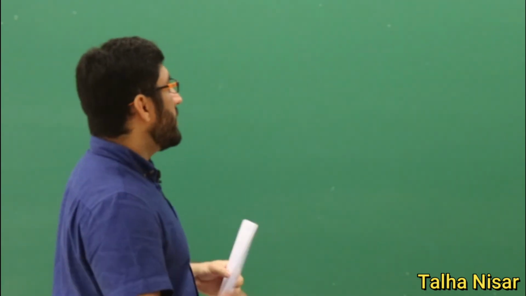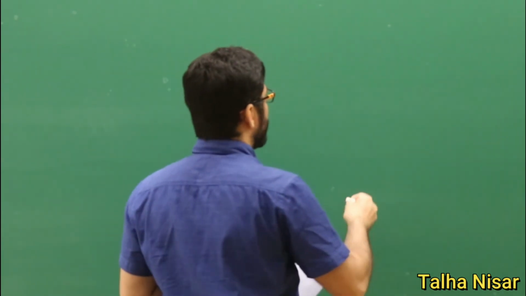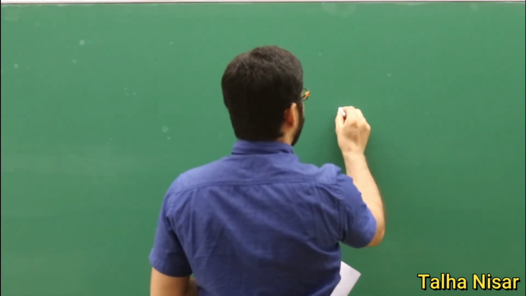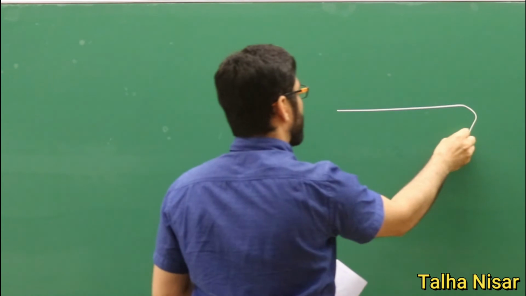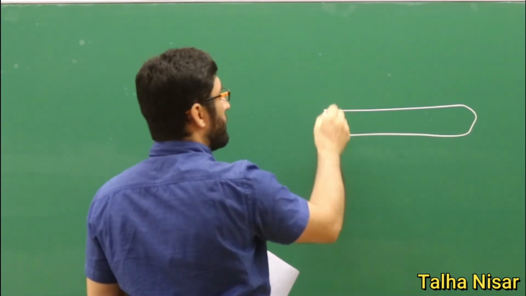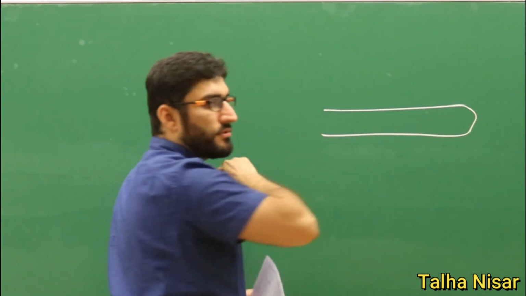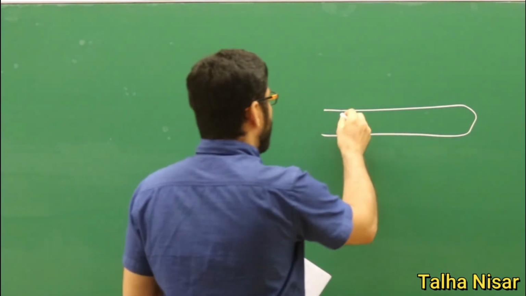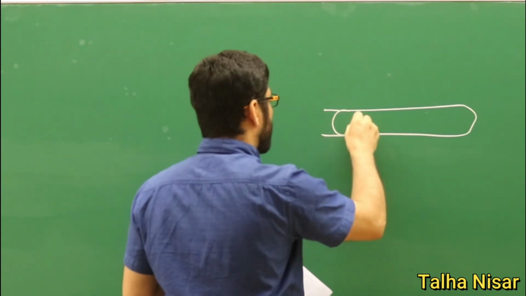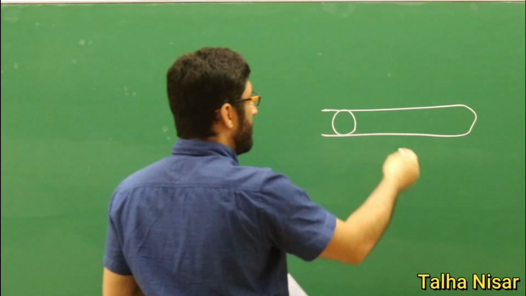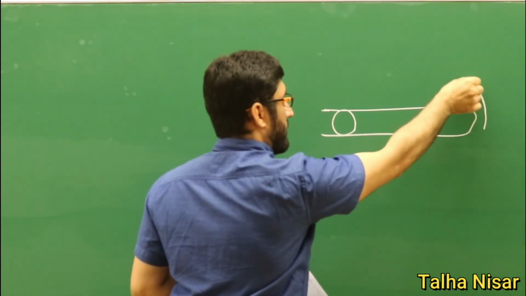Now, since we talked about the centripetal force and circular motion, let's take another interesting example. For example, we have a test tube, a container usually used in laboratories, and we have a marble here, moving like this.